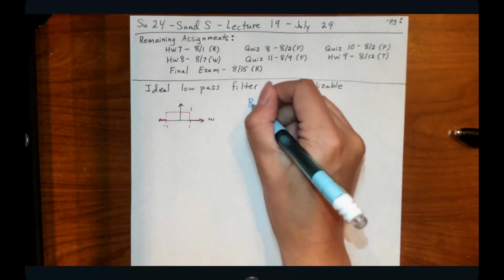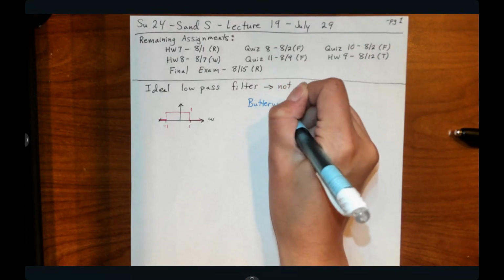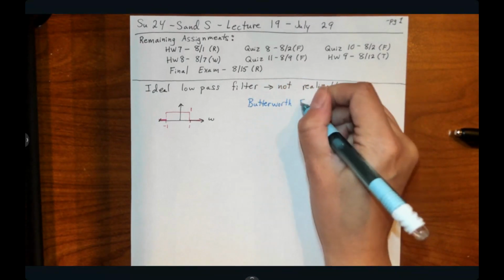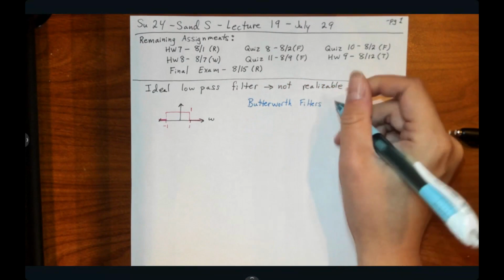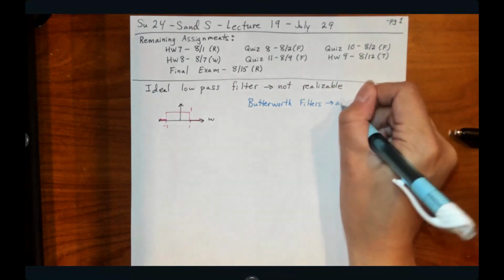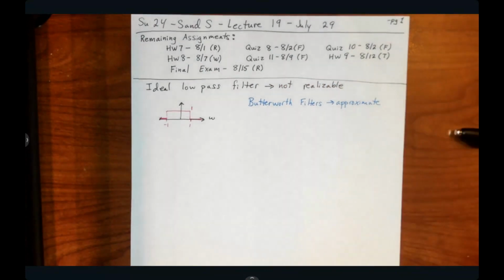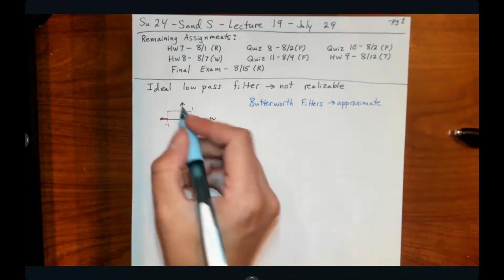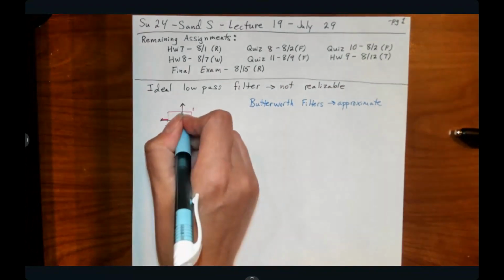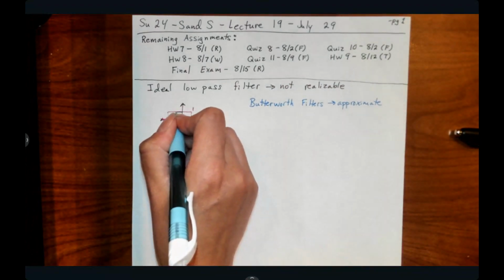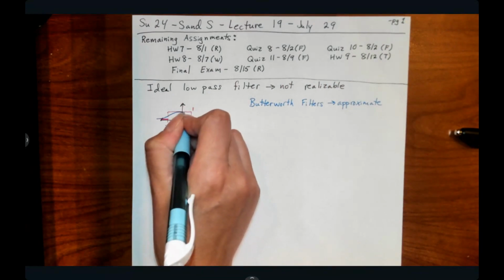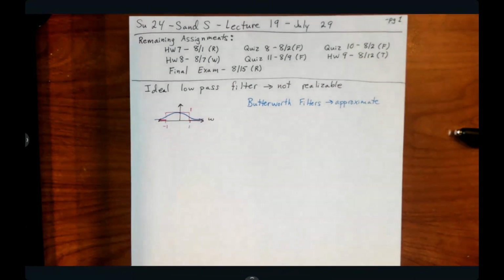This led us to the idea of Butterworth filters. It's not the only type of approximation filter that we can have, but this is the one that we'll look at to get a rough idea of how this might work for this class. And what we found is that if you take something like an RC circuit, your response is actually going to look something like that.